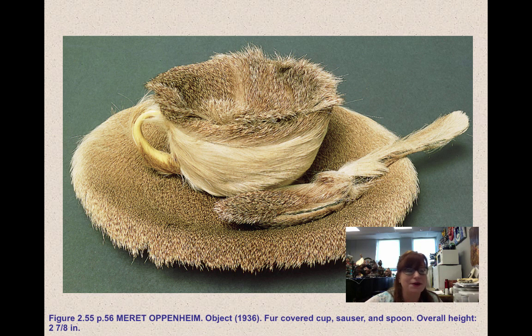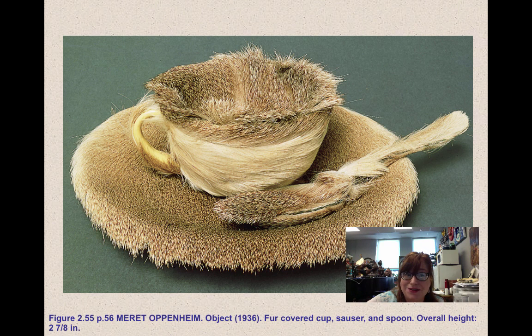And then here's another subversive piece. We've got Meret Oppenheim's Object from 1936. Meret Oppenheim was one of the Surrealists. And what the Surrealists were known for, they were more painters than sculptors, but here we have something that's considered sculpture. What they like to do, surreal is a French word meaning super real.